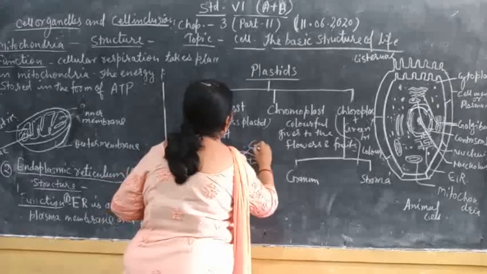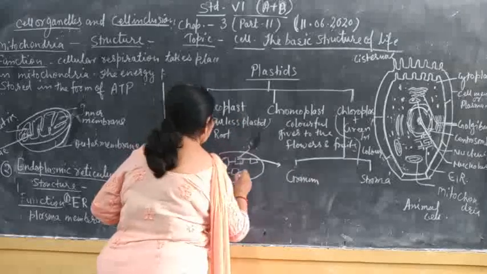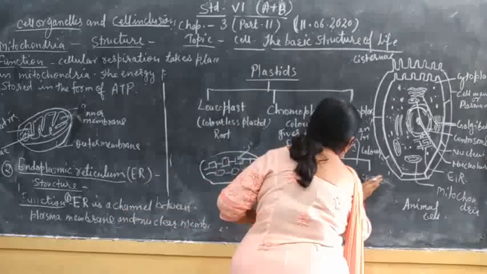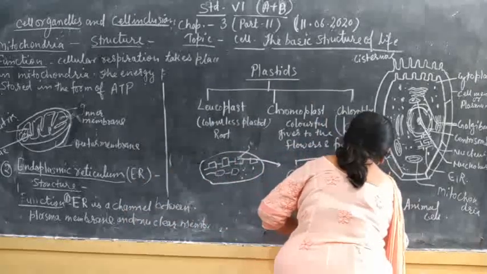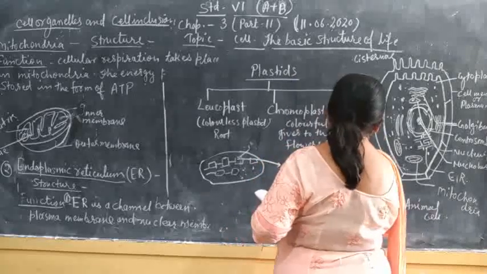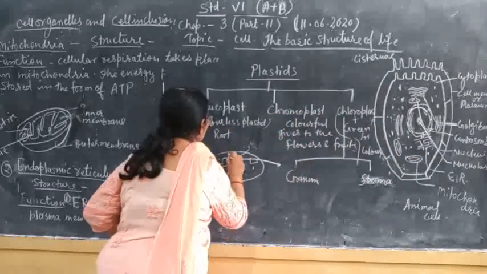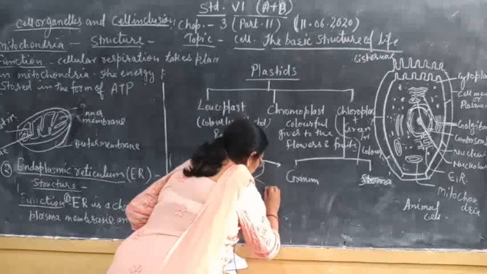This part is granum, and this is stroma. Stroma is the liquid part.